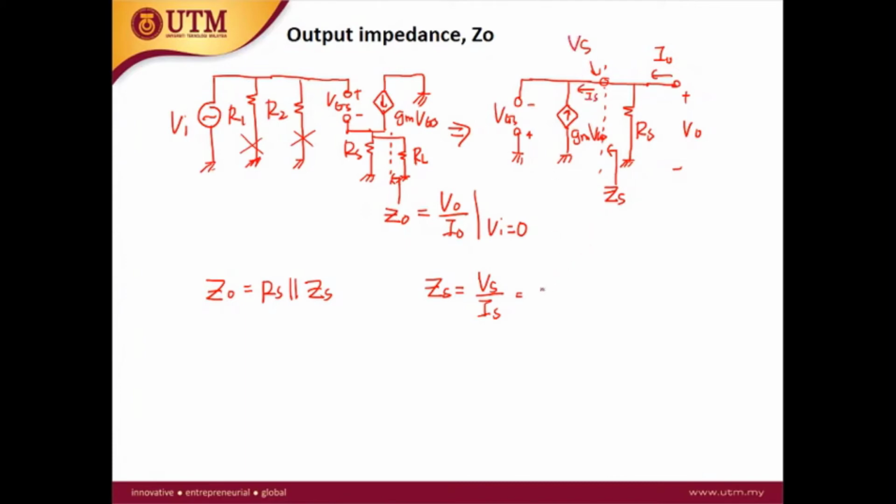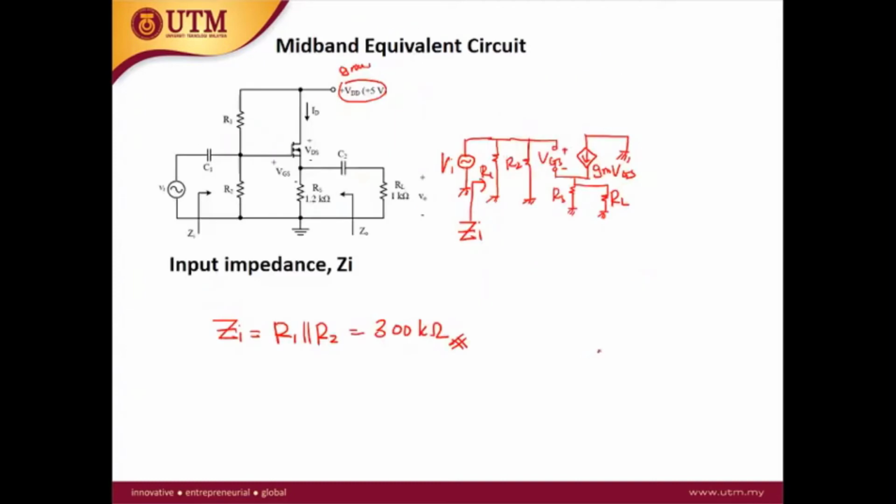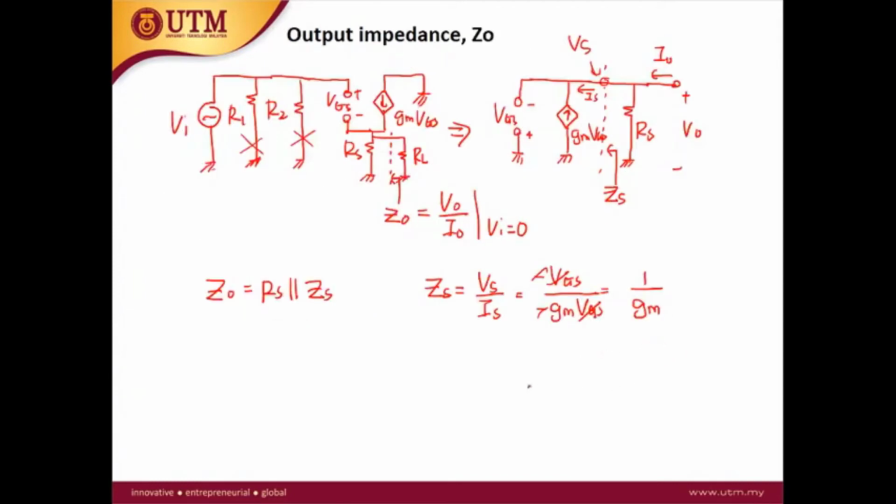So what is Vs? Vs is equal to minus Vgs. And what is Is? Is is equal to the opposite of GM-VGS, so minus GM-VGS. So this can be equal to 1 over GM. Okay, we haven't calculated the GM. So what is GM?